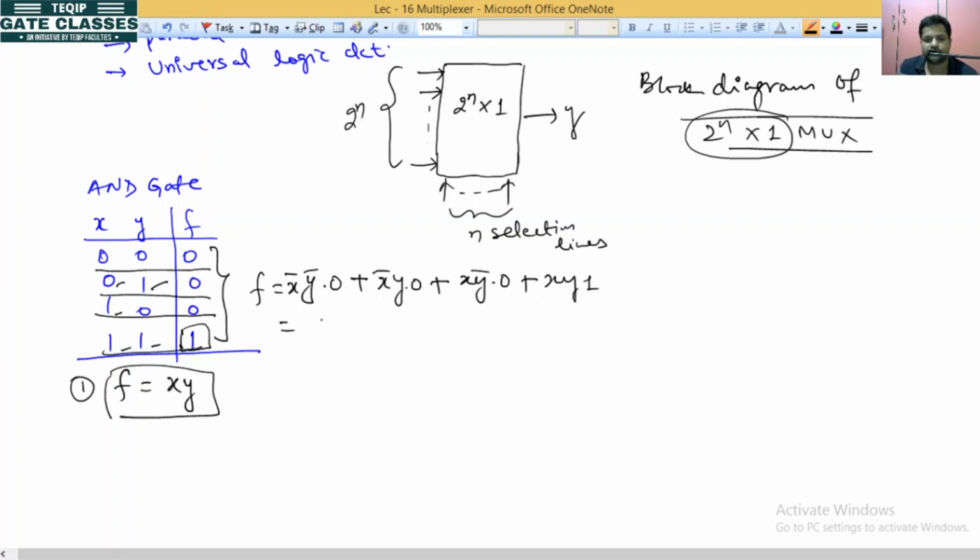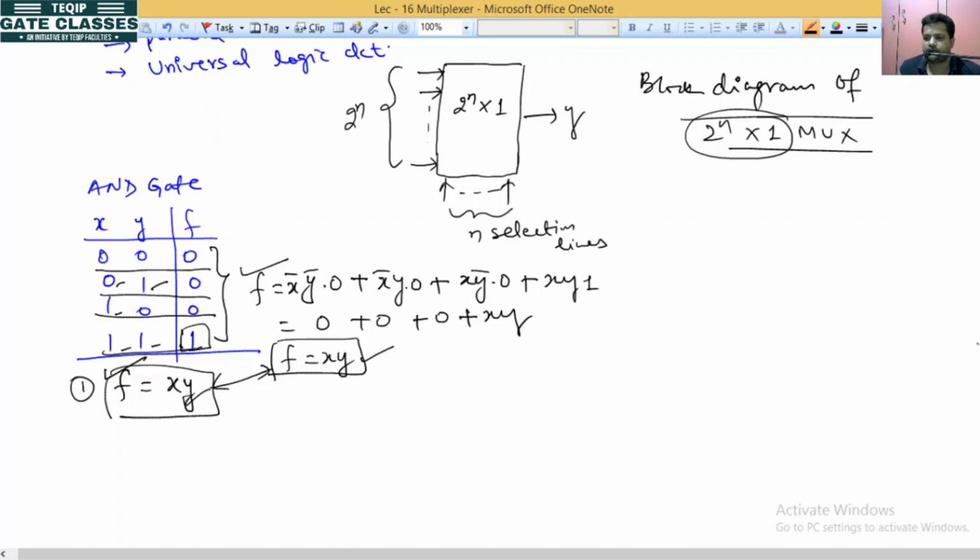If you see from here, it is 0, it is also 0, it is also 0, and this one is xy. So what we get here? Xy. Okay? So either you write in this way or in this way, you will get the same expression. तो आप दोनों में से कोई भी यूज कर सकते हैं, या तो आप इस वे में लिख सकते हैं. Either you can write in this way, both the answers are correct.